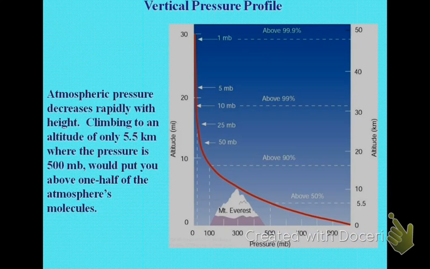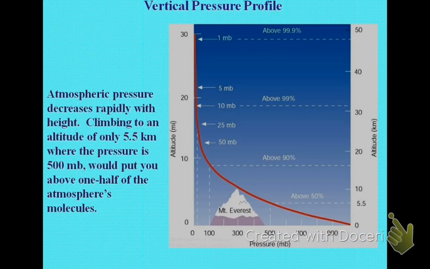It's the little m, so that's the milli. We don't use the word metric. So we're increasing in millibars, so we are using the metric system. And our altitude is being measured in kilometers, yes.